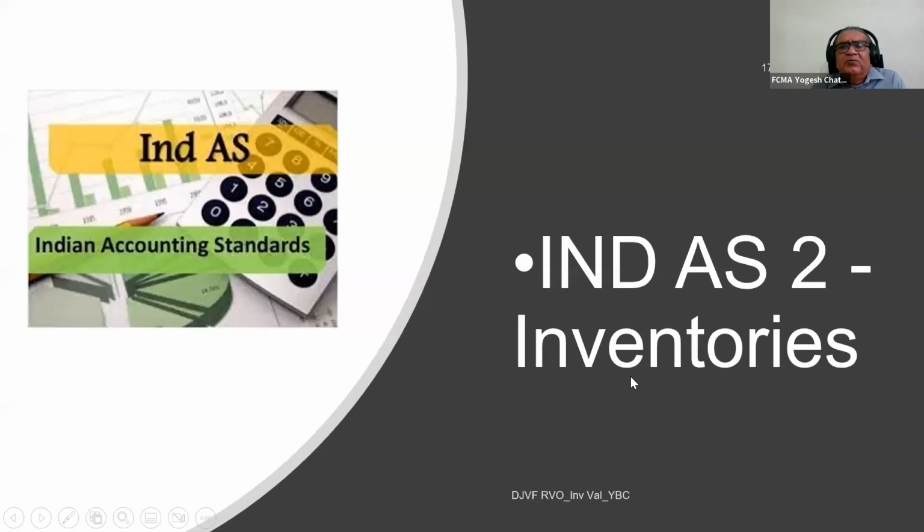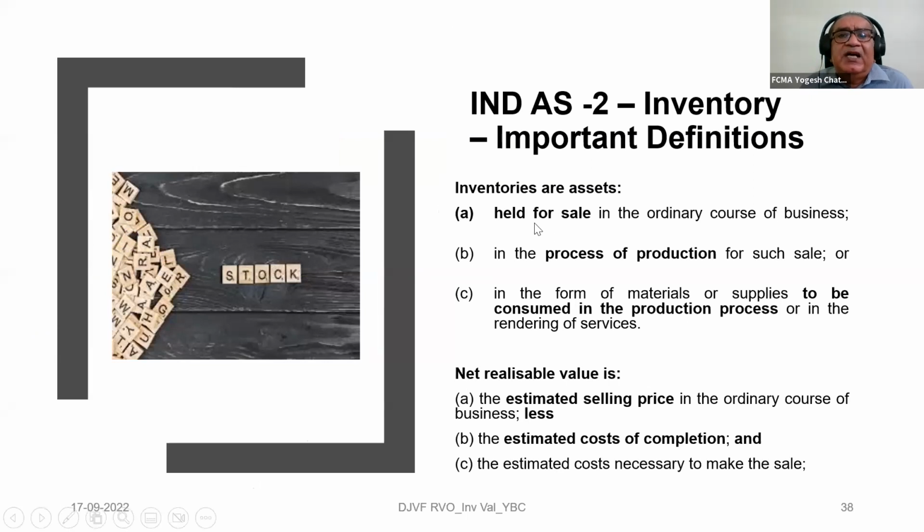Now we will move to what guidance is provided under Indian Accounting Standard 2 or Ind AS 2 Inventories. So here these are the important definitions. Inventory are assets held for sale in the ordinary course of business, in process of production for such sale, or in the form of material.